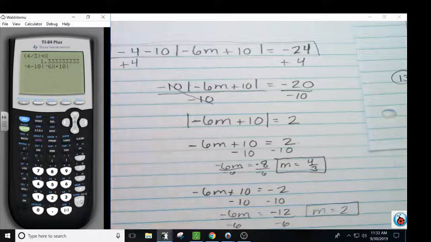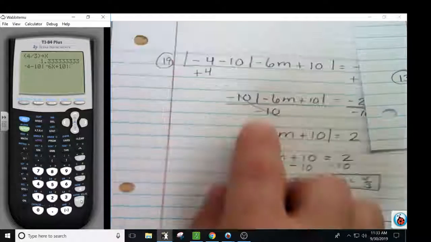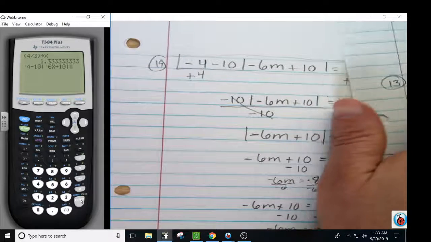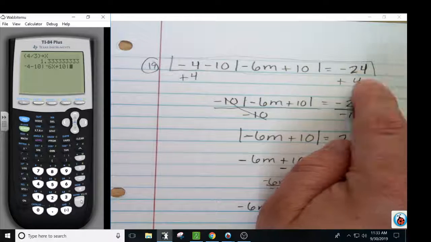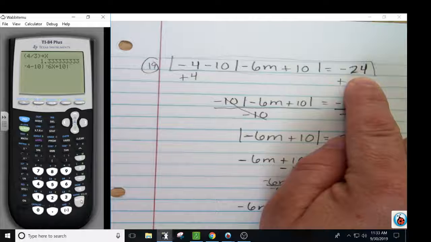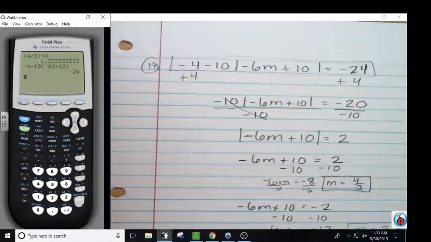You might have to hit second enter a couple times. There's my equation. Now, if I'm right, this needs to equal the right side, -24. There we go. So does that tell me it's right? Yes.